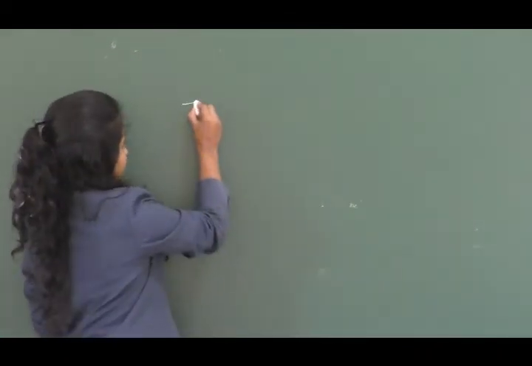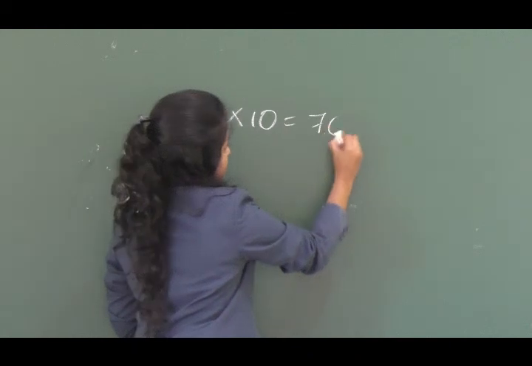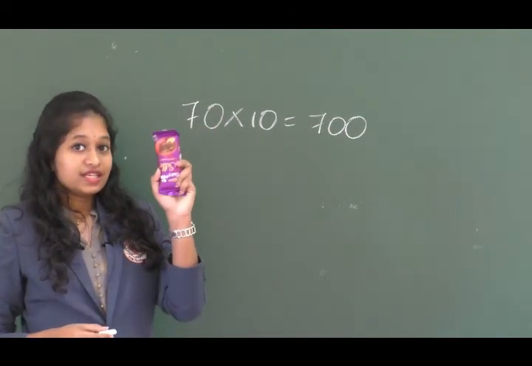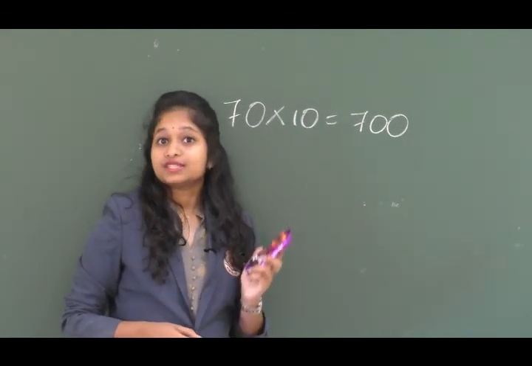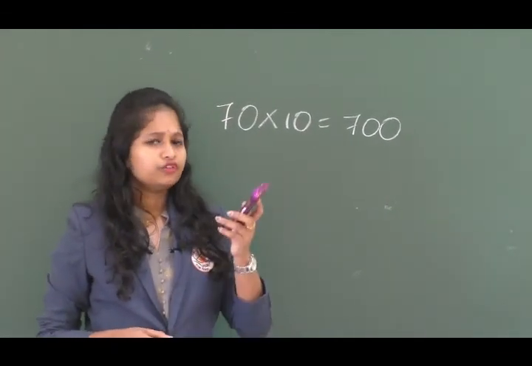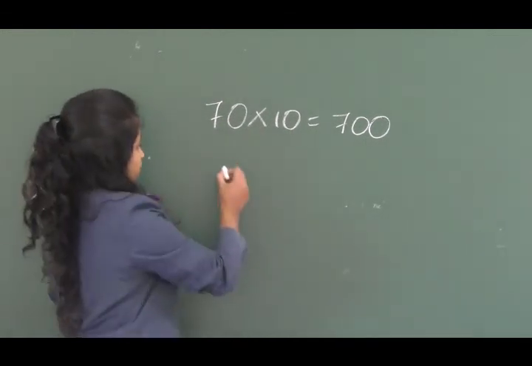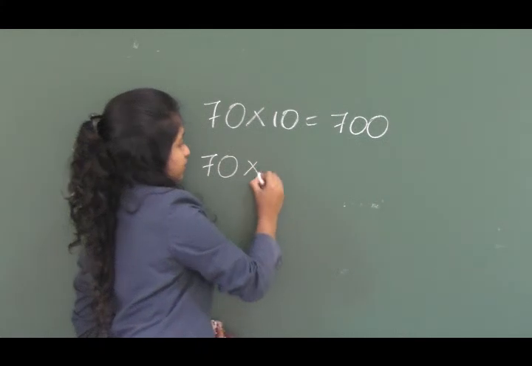So 70 into 10, we get 700. So for 10 chocolates like this, I should pay rupees 700. If I need 100 chocolates, then we have to multiply 70 with 100.